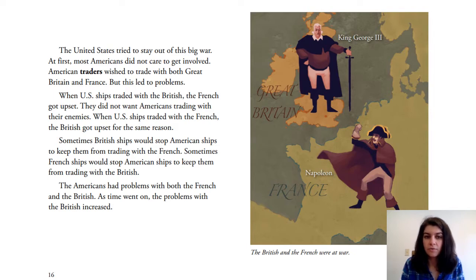American traders wished to trade with both Great Britain and France, but this led to problems. When U.S. ships traded with the British, the French got upset. They did not want Americans trading with their enemies.